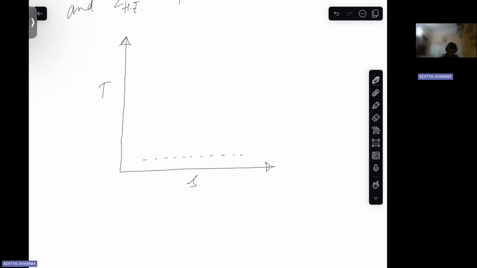This is your first compressor. This is your second compressor.